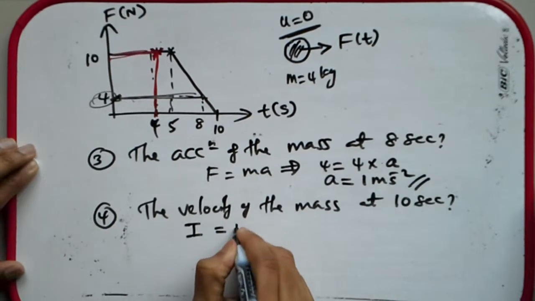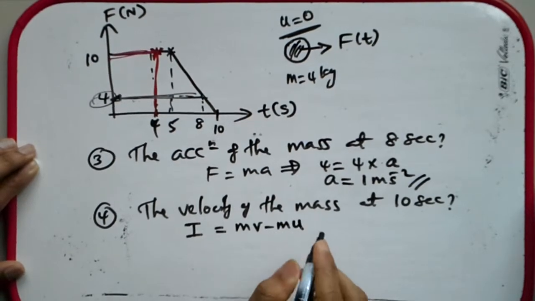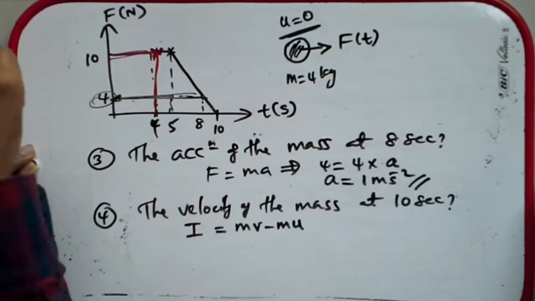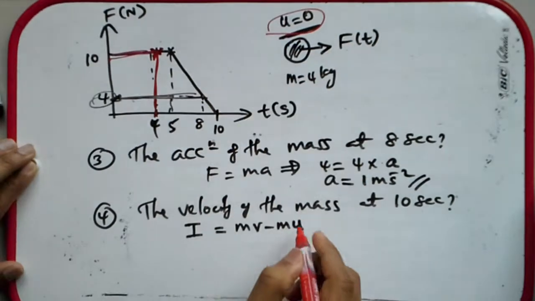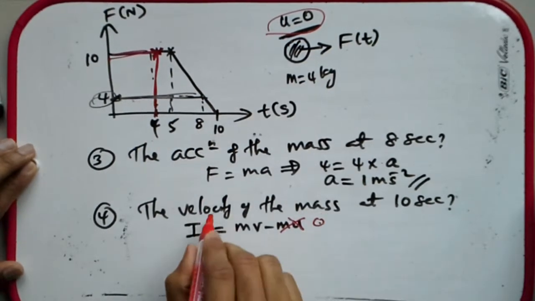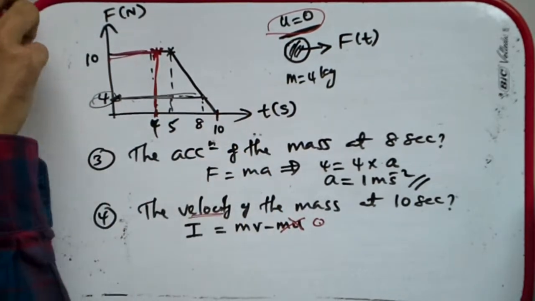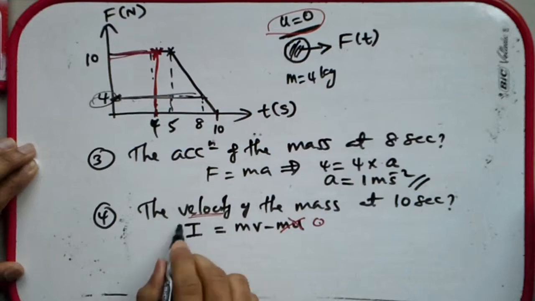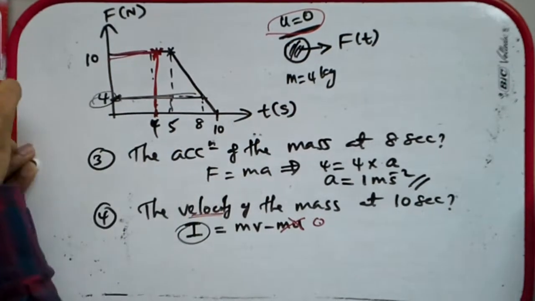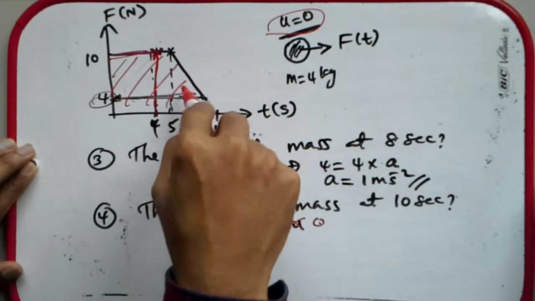I is equal to mv minus mu. We said here the initial speed is 0, so this part becomes 0. We need to know the final speed, the speed at 10 seconds. So what is impulse? The impulse is simply the area under this curve.